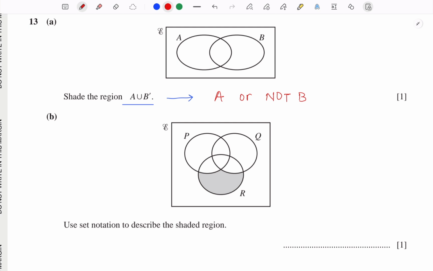So let's see how we can shade the region that is indicated by this one. I have already shaded the area that is required.